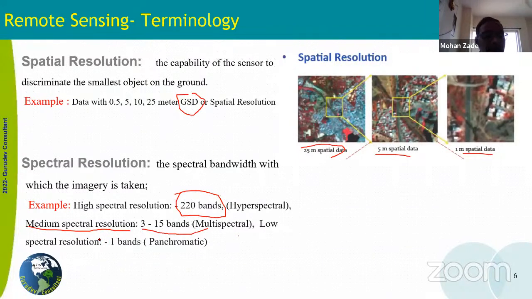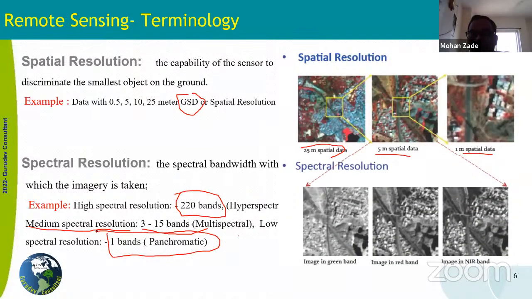Next is the spectral resolution with 1 band. That is a panchromatic band. It has only one band, covering a broad wavelength. Now you see here the image in the green, the image in the red, and the image in the NIR.